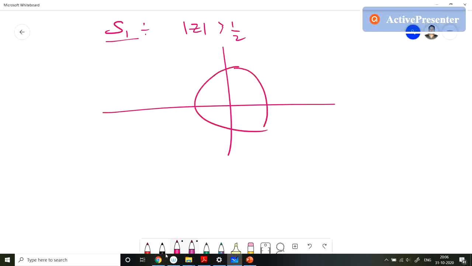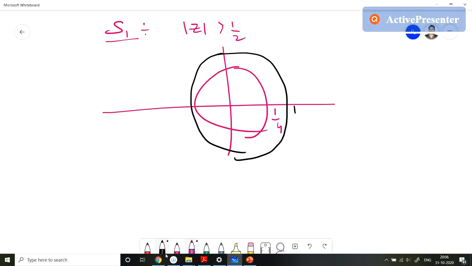We have two poles: one pole is present at 1/2 and another pole is present at 1/4.